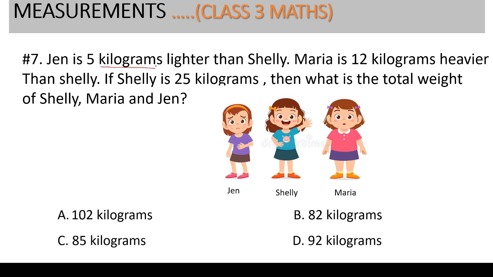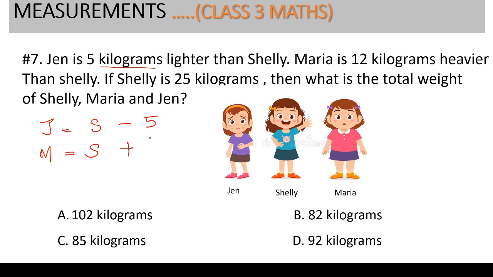Jen is 5 kilograms lighter than Shelly. That means Jen is equal to Shelly's weight minus 5 kilograms. Next, Maria is 12 kilograms heavier than Shelly. Heavier means Maria is 12 kilograms more than Shelly.